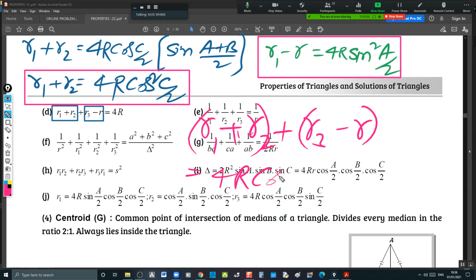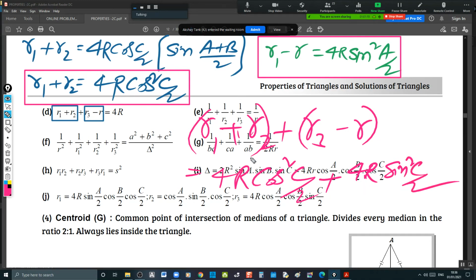R3 minus R. Anyone, can you tell me similarly what should R3 minus R be? Can anyone tell me, using the cyclic order? 4R sine square C by 2. So you'll get 4R common, and thereby this is 1. 4R into 1, 4R.